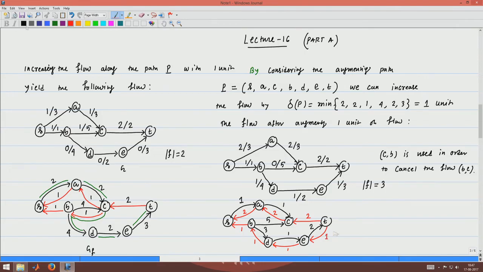So, this is the residual network with respect to this new flow, GF. Now, can you find an augmenting path? Can you find a path from S to T?